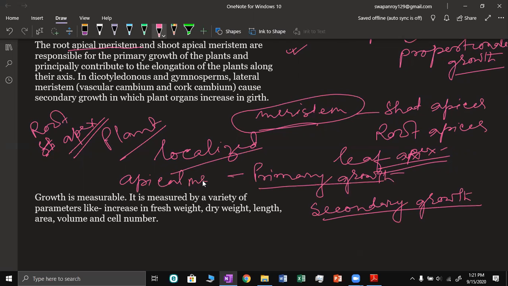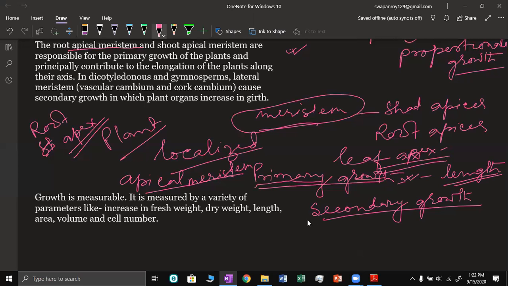The apical meristem forms the tissue, and here it makes the primary tissues, and the growth is primary growth. And here mainly the plant body increases in the length of the organ.